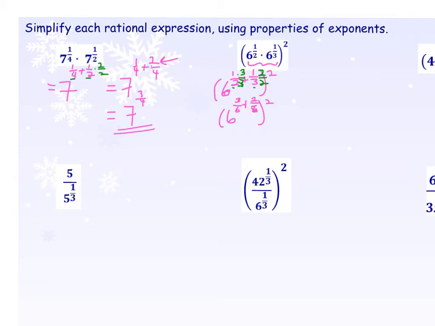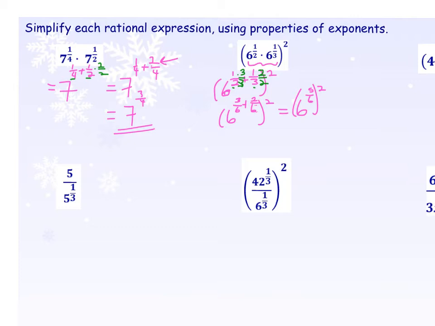Now if we add the numerators together, 3 plus 2 would be 5 over 6. That gives us 6 to the 5/6 power, and then we square that answer.